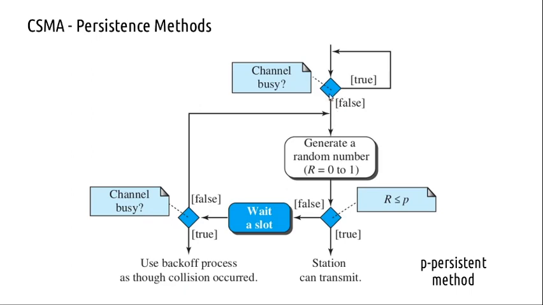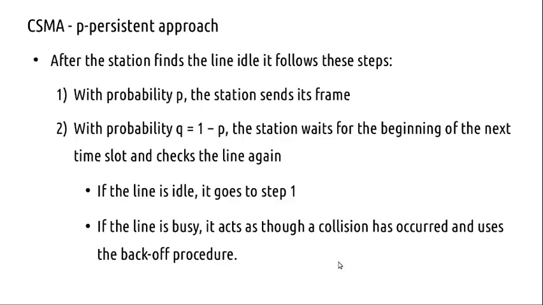If it is idle, you will generate a random number between 0 and 1, which is P. It will transmit a frame with probability P, and it will wait for the beginning of the next time slot for the remaining probability, that is Q equals 1 minus P. So P is the probability with which it sends a frame, and 1 minus P is the probability for which it waits for the next time slot.